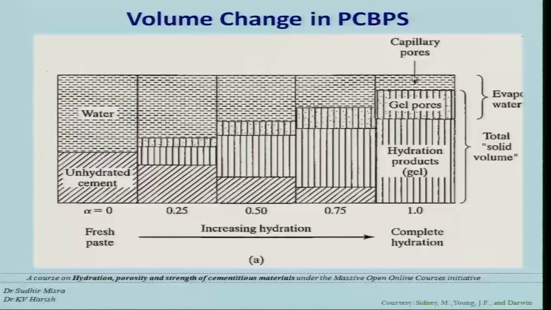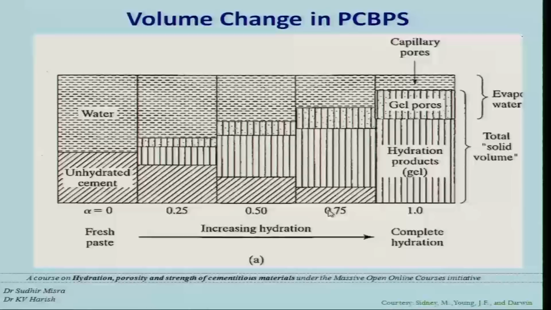At a matured state, in this case 100% hydration, the Portland cement based system may contain some capillary pores, gel pores and hydrated products. Remember this is alpha equal to 1, which is why you do not find any unhydrated cement grain, and this is a theoretical case.